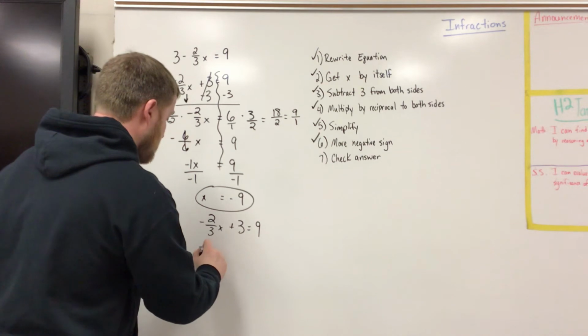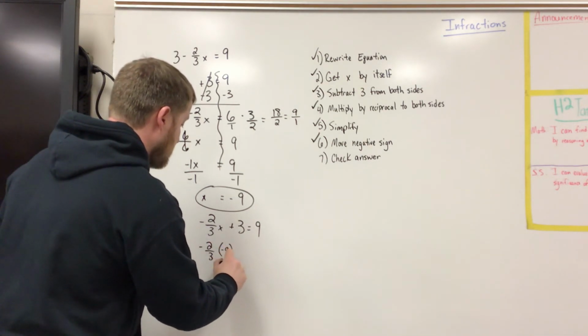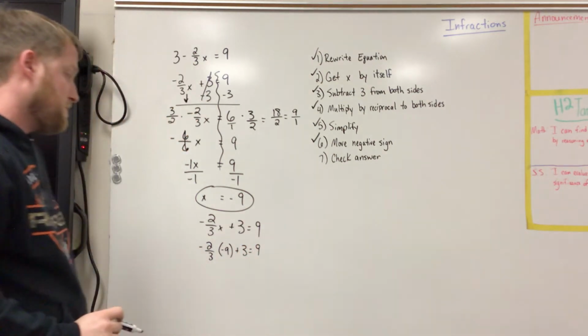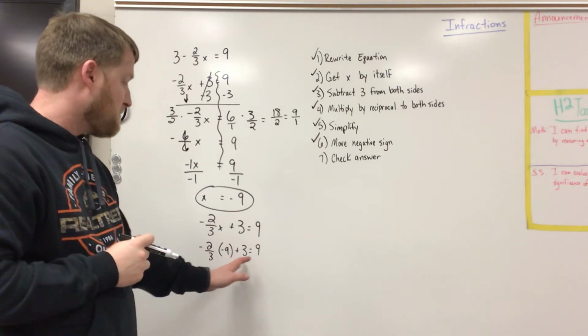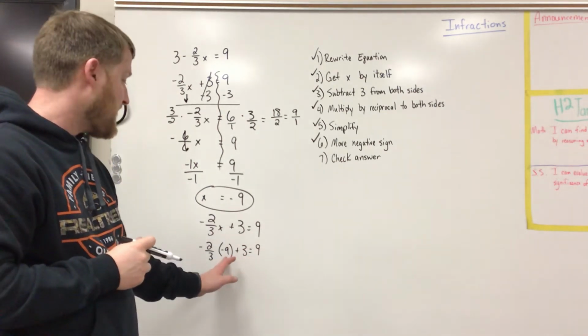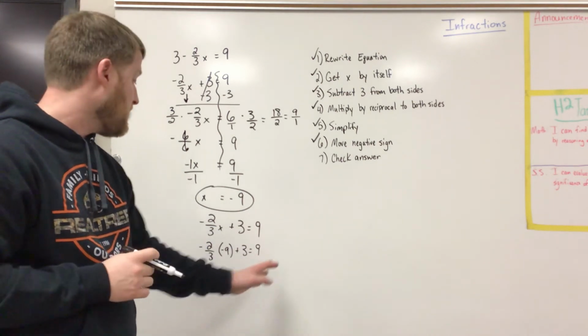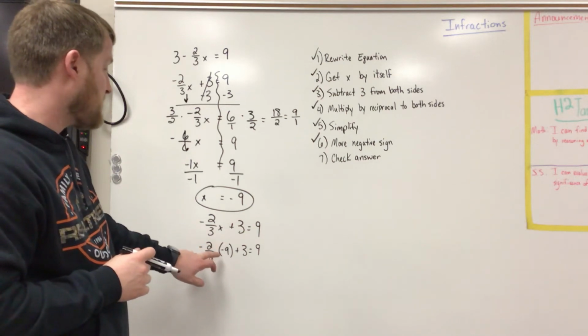So I'm going to have negative 2/3 times negative 9 plus 3 equals 9. This side of the equation has got to balance this side of the equation. So this side has to be 9, because this side is going to remain 9 regardless. So let's go ahead and do this. We've got negative 2/3 times negative 9.